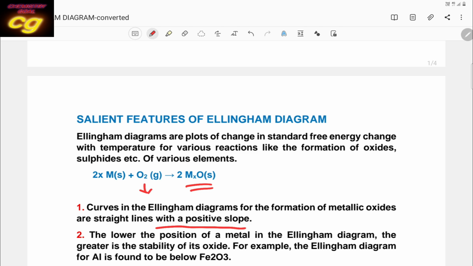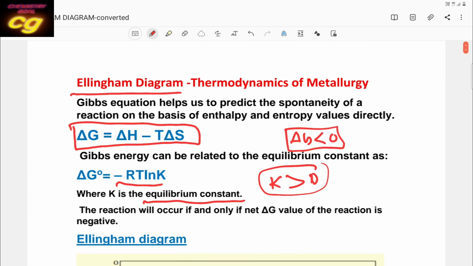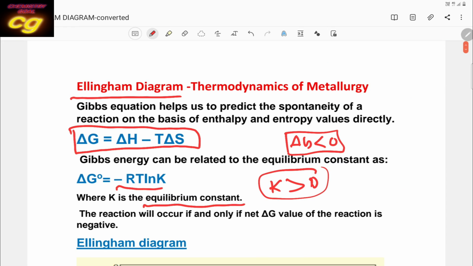So here ΔS is negative, entropy decreases. If you put this in the Gibbs-Helmholtz equation, with ΔS negative, minus times negative becomes positive, so ΔG will be positive.